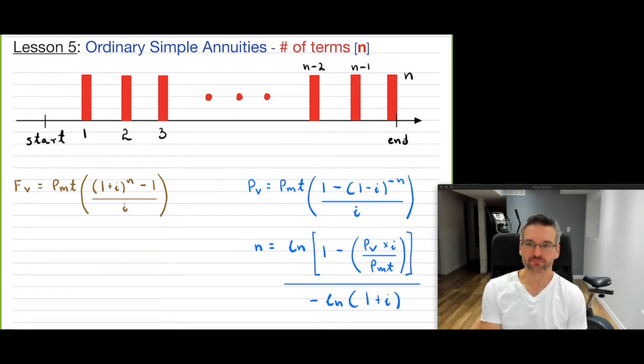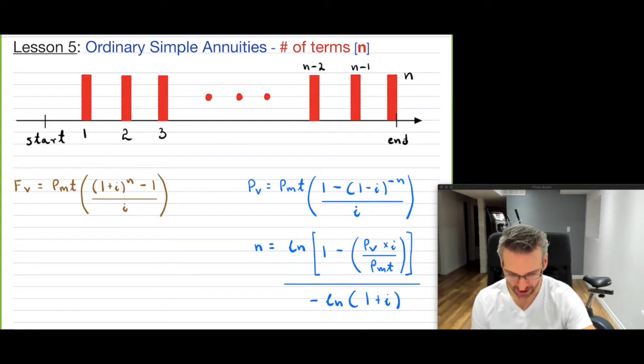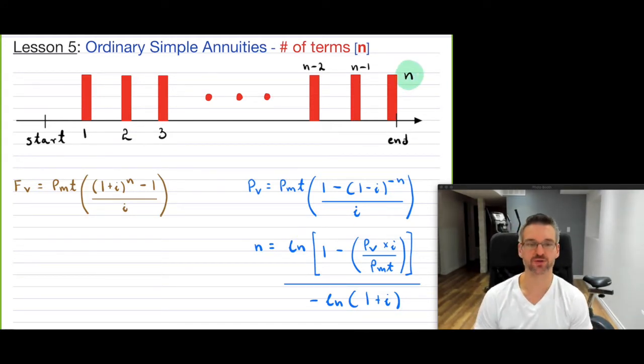So in general, if we do not know how many terms, you can see here that I have designated with N the number of terms. And we have basically two formulas, right? So we have a future value formula. If we know the future value, we know the payments and we know the interest, then we can use the future value formula to isolate for that N and then just plug it in.